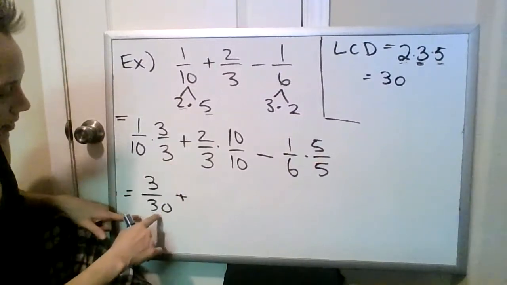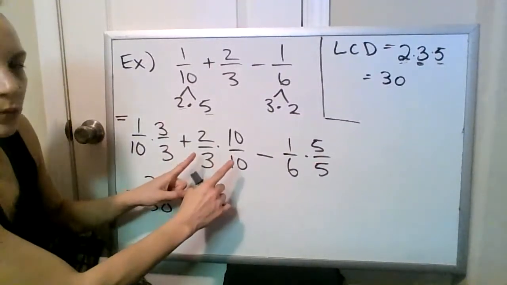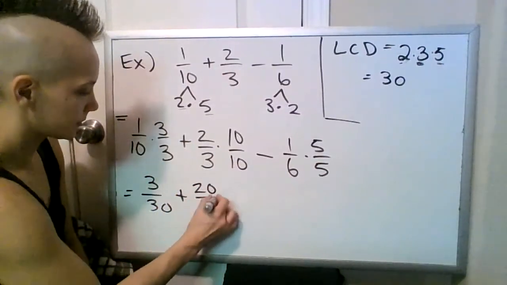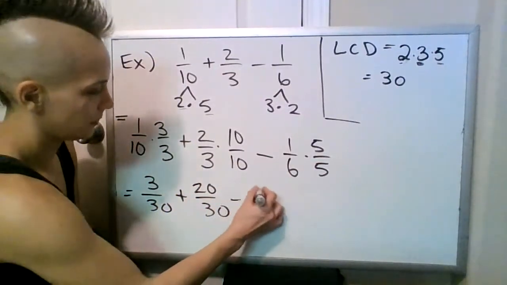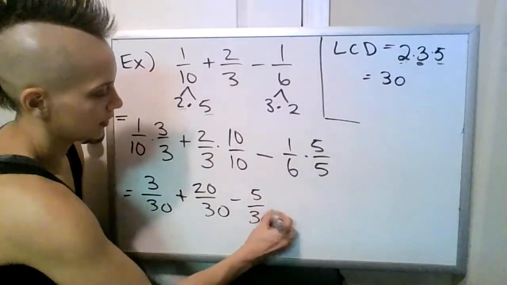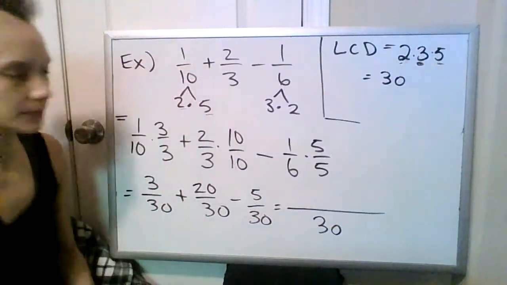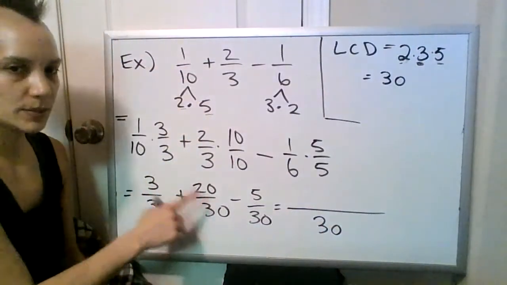So the first term is 3 over 30. Second term will be written as 20 over 30. Subtract 5 out of 30. So over your common denominator is 3 plus 20 minus 5.